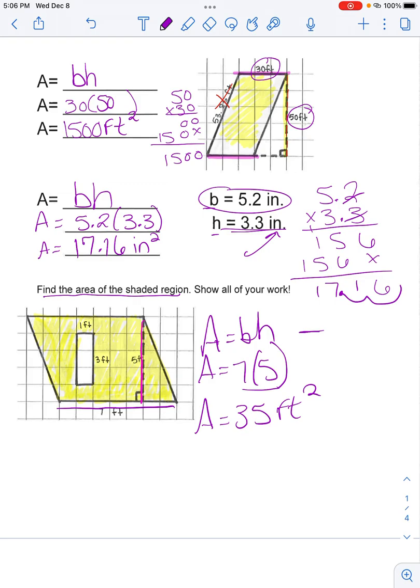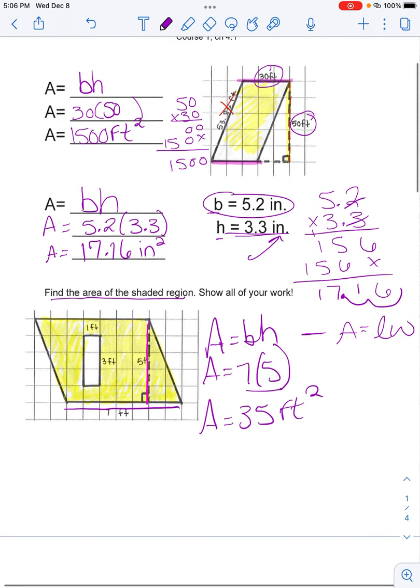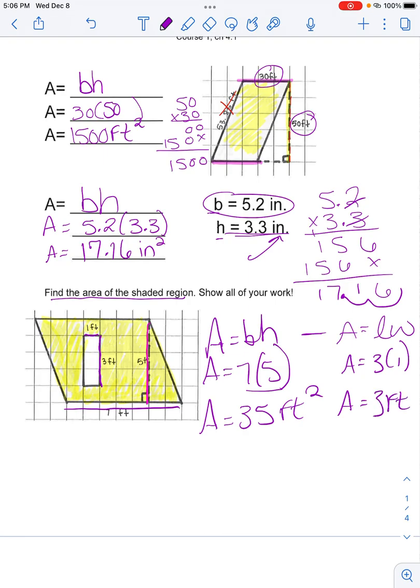So we're going to put a minus sign. To find the area of a rectangle, that is length times width. And then we're going to put the dimensions of the rectangle. The length is 3, the width is 1, so 3 times 1. The area of that rectangle is 3 feet squared. Bring this minus sign down.